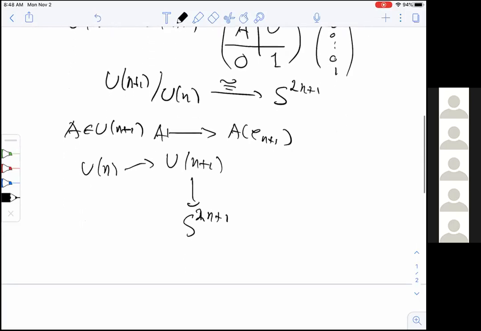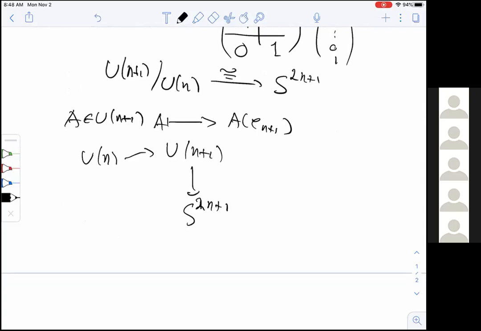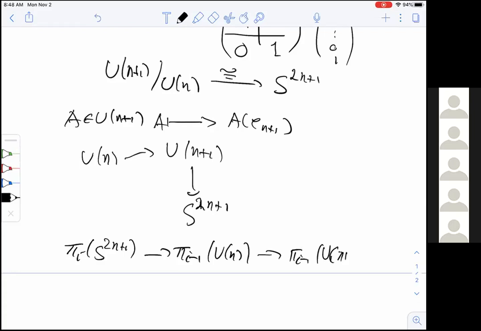From the homotopy long exact sequence, you see that you have pi i of S^(2n+1) goes to pi i minus 1 of U(n), goes to pi i minus 1 of U(n+1), and so on.